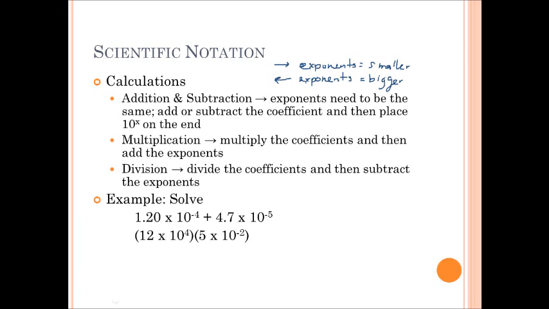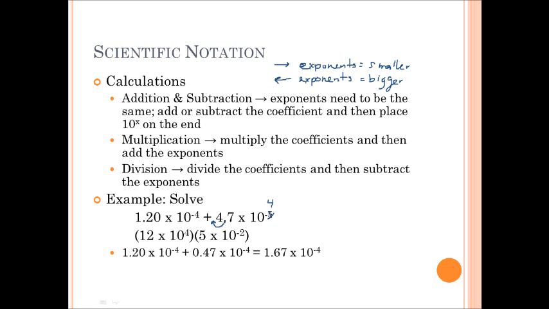So, let's look at our example down here. We have the problem 1.2 times 10 to the negative 4th plus 4.7 times 10 to the negative 5th. Alright, so what we need to do is put both of them to one value. I typically pick the larger value. So in this case, because it's a negative value, the smaller the negative, the larger the number. So we're going to make both of them 10 to the negative 4th. With the 10 to the negative 5th one, we're going to move the decimal one place to the left, which will increase the exponent to negative 4.